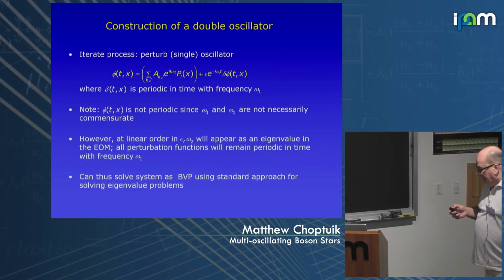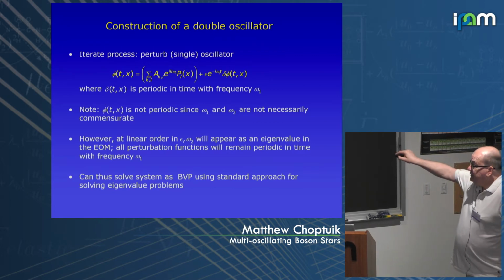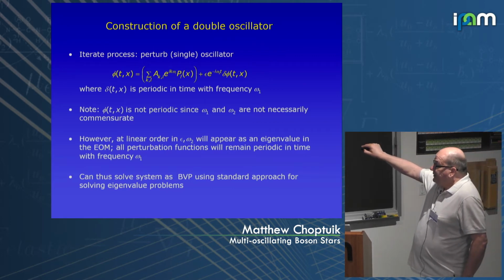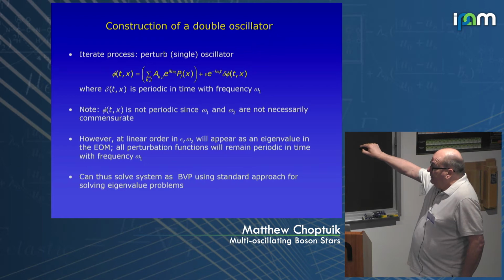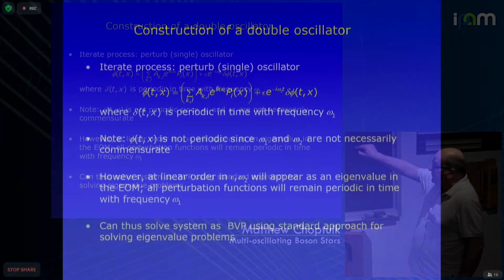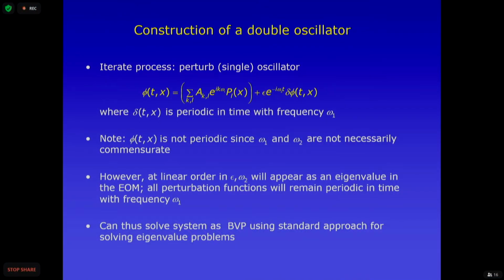Okay? And if we iterate that process, we take the single oscillator and we perturb it, then we'll have something like this. We'll have the scalar field is equal to this mode sum plus some epsilon times e to the minus i omega 2 times t times mode function delta phi, which is a function of t and x.